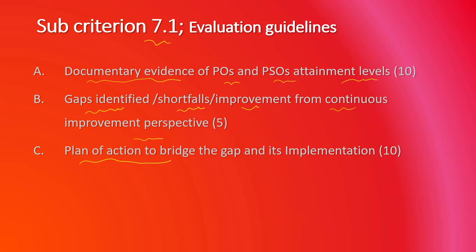The action plan for bridging the negative gap needs to be framed by internal quality assurance cells, IQAC. So it is very important for this committee to be formed for program or overall institute.